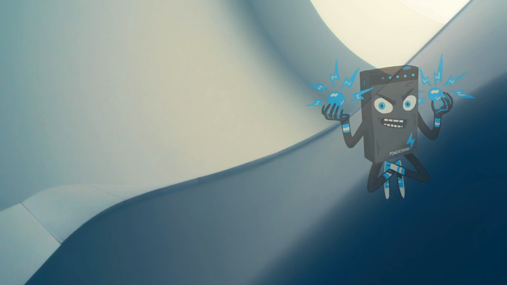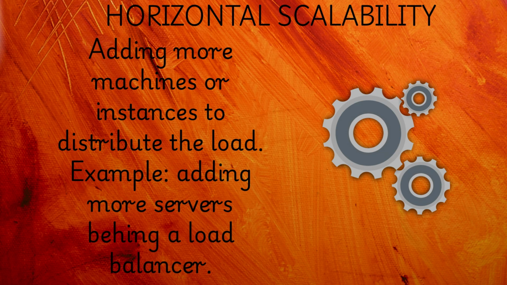Now, the scaling out kind of scalability, scaling out or the horizontal scalability, is when you're adding more machines, or you're adding more instances to distribute the load. So instead of one machine just carrying out the activity, you are adding more machines.